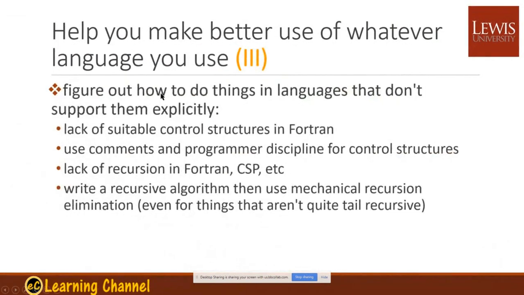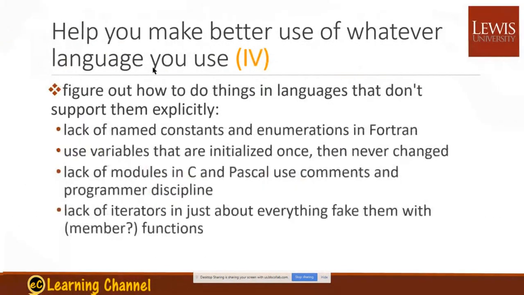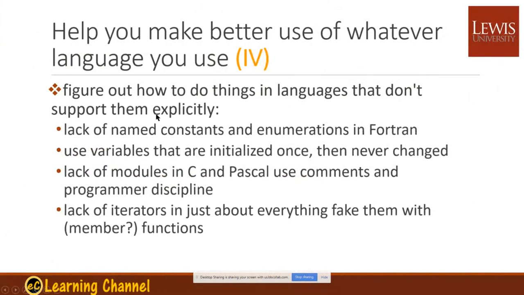The third one is to figure out how to do things in a language. And the fourth one is to figure out whether the language supports a feature or not. Some languages don't support certain features, and it may not be the best language for you to do certain applications.